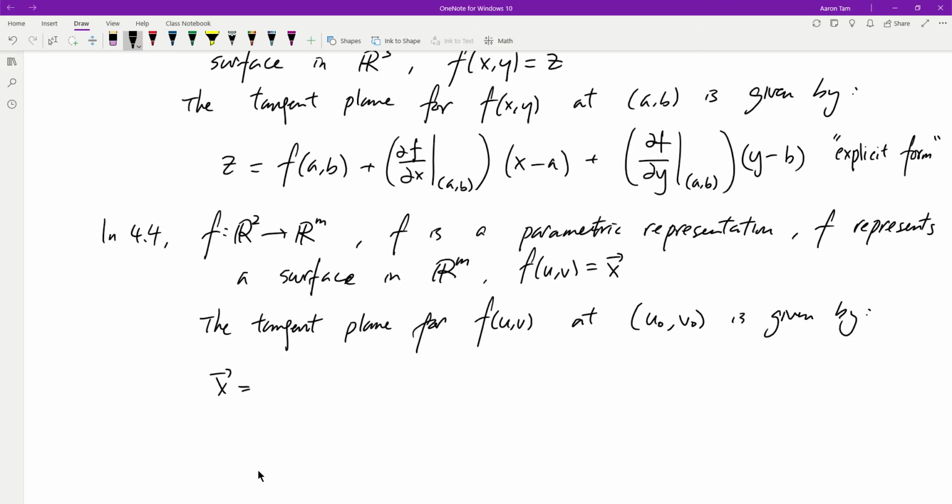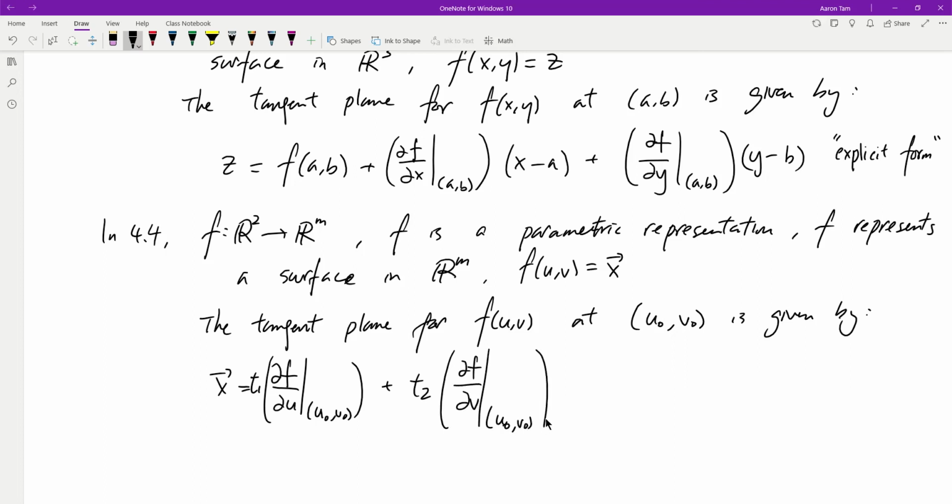Vector x is equal to df over du, evaluated at (u0, v0), multiplied by t1, plus t2 multiplied by df over dv, evaluated at (u0, v0), plus f of (u0, v0). And notice that this is also a parametric representation of the tangent plane.